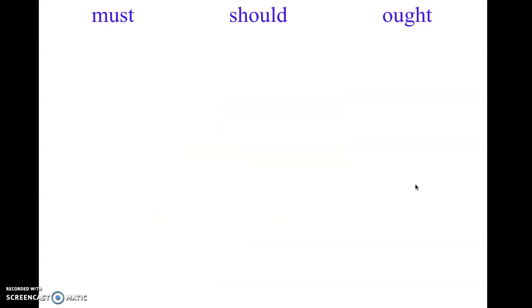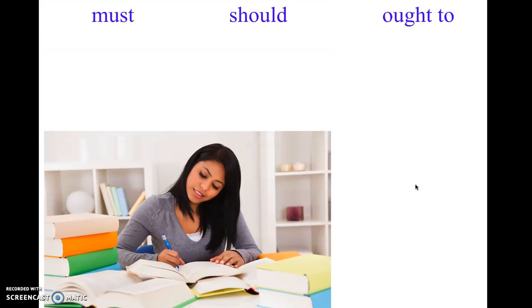Must, should, and ought to. Here's a lady doing some studying, doing some homework, preparing for a test of some kind, probably. Here we're looking at obligation. Obligation is what you need to do. You are required to do.